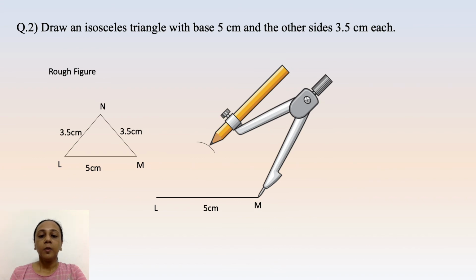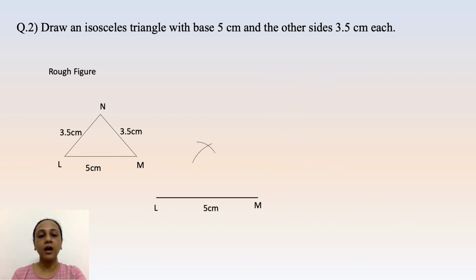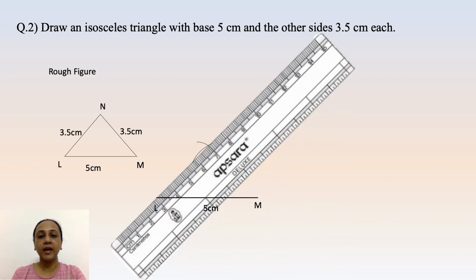And place the compass pointer on point M and draw an arc to cut the previous arc. Both arcs are intersecting. Give the name to intersection point as N.